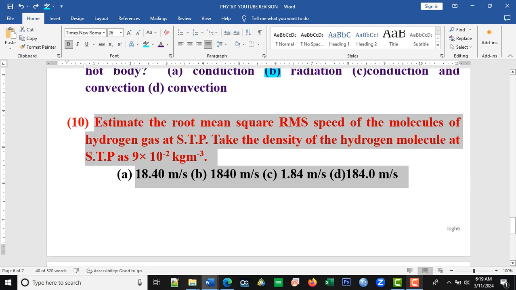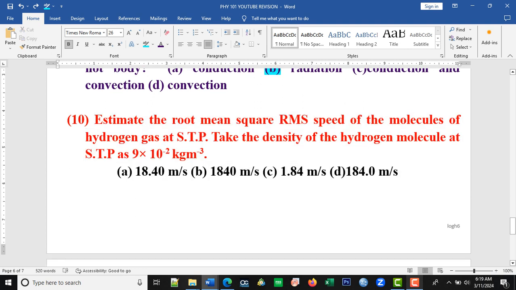This one says, estimate the root mean square speed of the molecules of hydrogen gas at STP. Take the density of hydrogen molecule at STP to be 9 times 10 to the power minus 2 kilogram per meters cube.